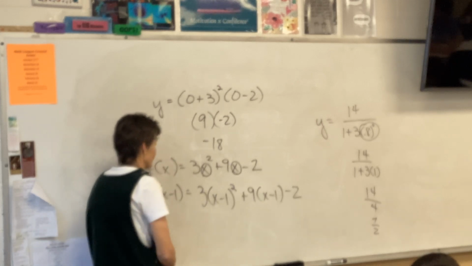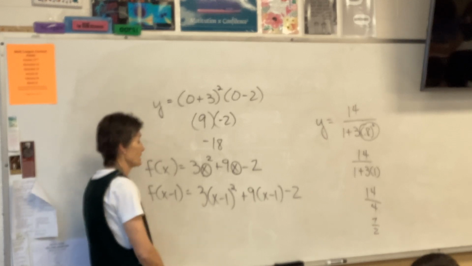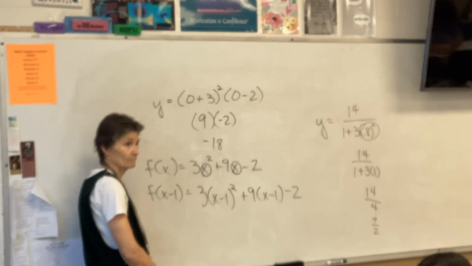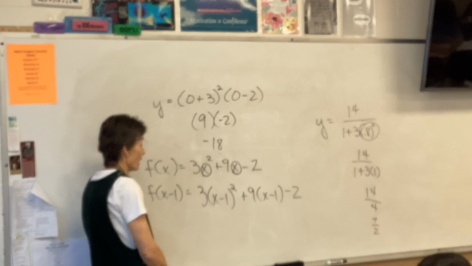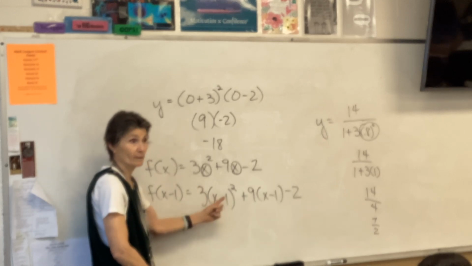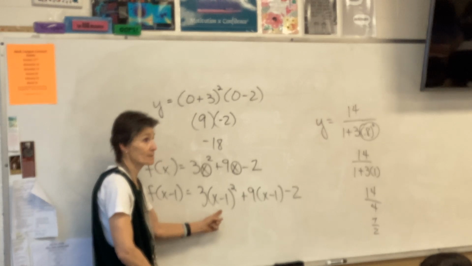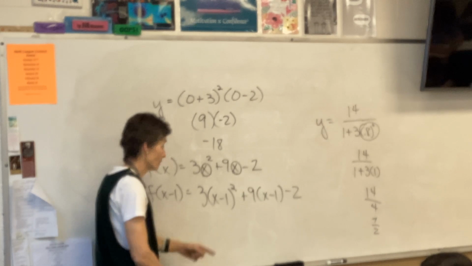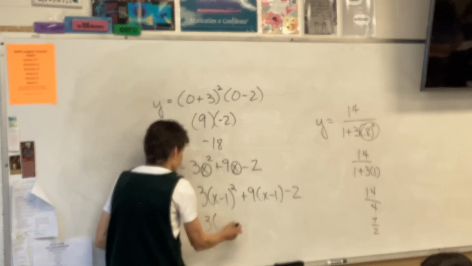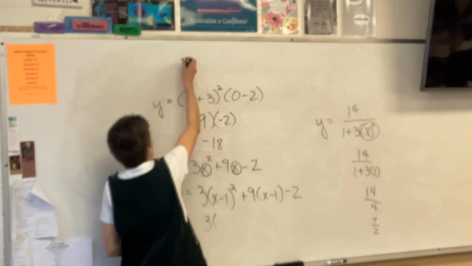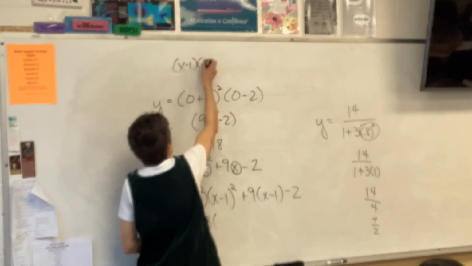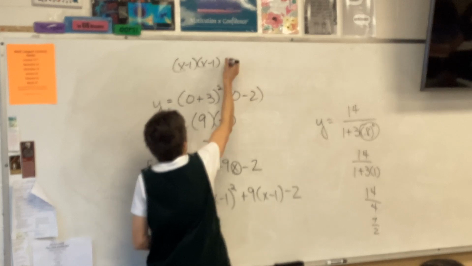So, what am I going to do first here? Yeah, I got to FOIL this. It's x minus 1 times x minus 1. I'm going to FOIL that. So x minus 1 times x minus 1. What is that?